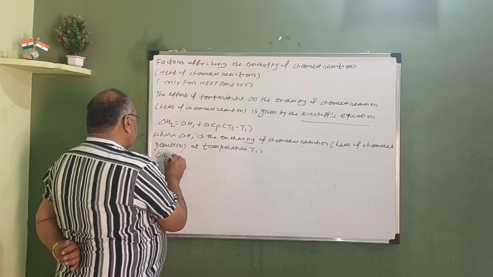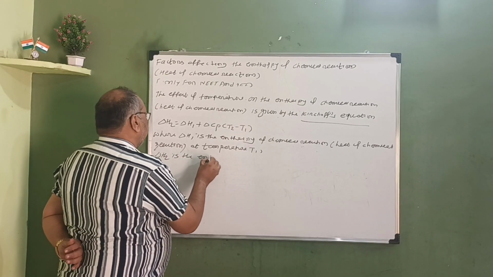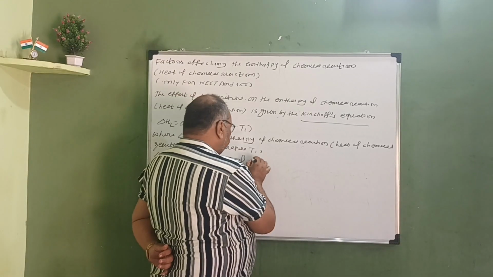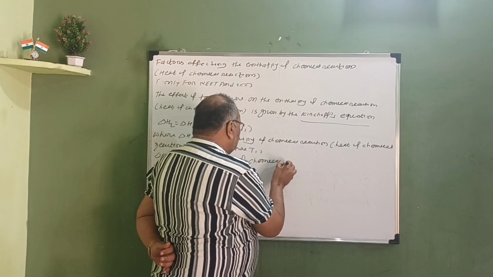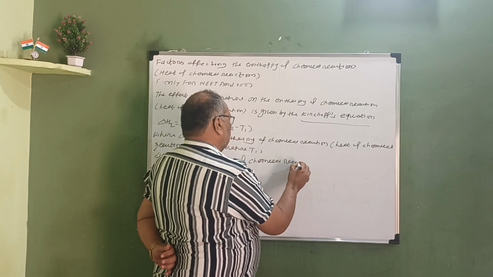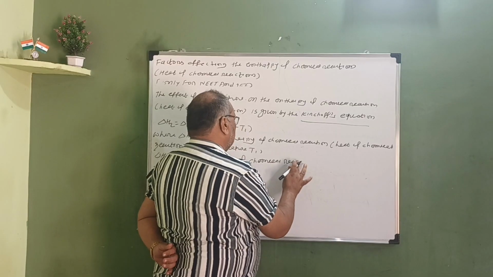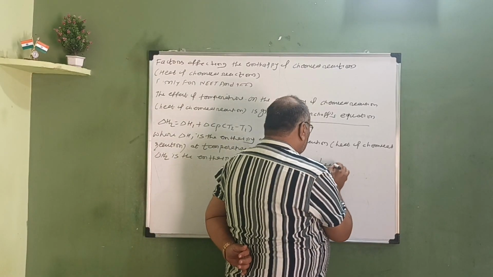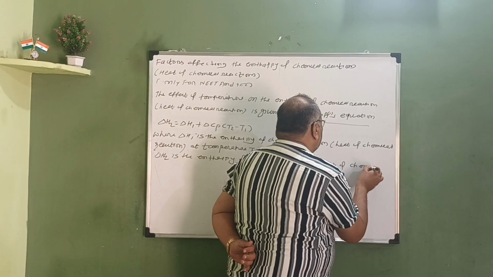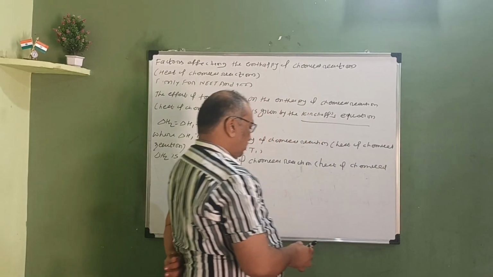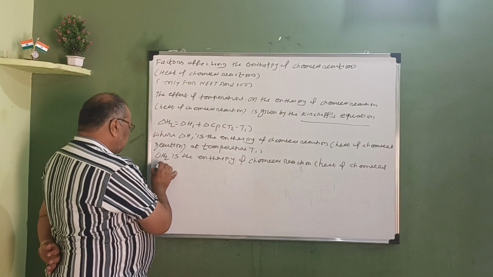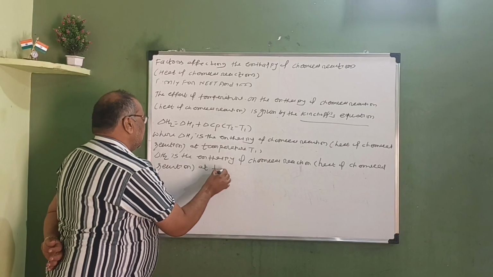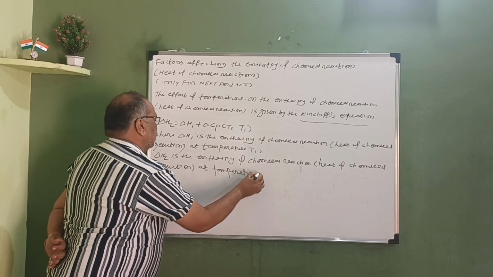Delta H2 is the enthalpy of chemical reaction, that means heat of chemical reaction, at temperature T2.